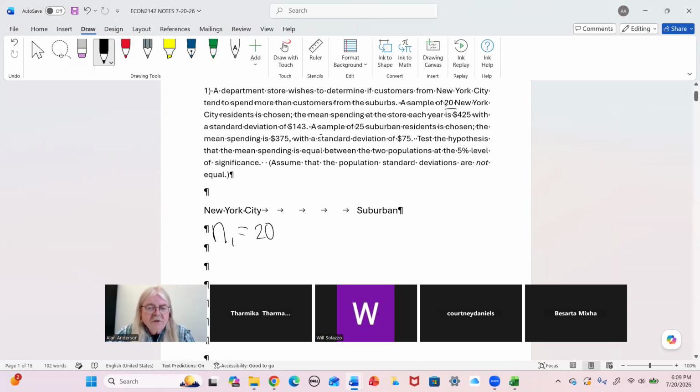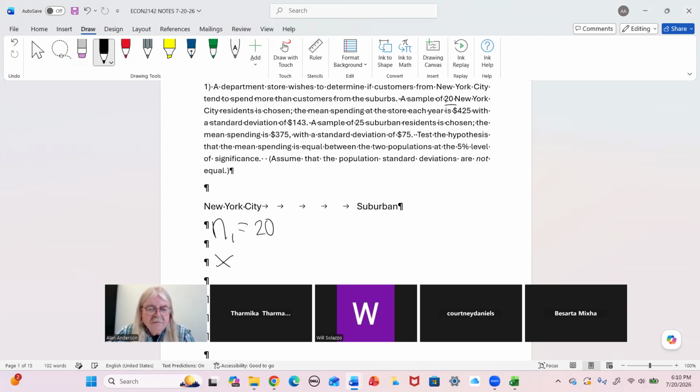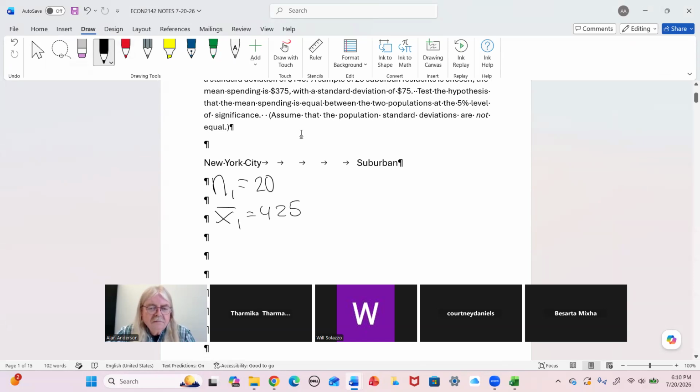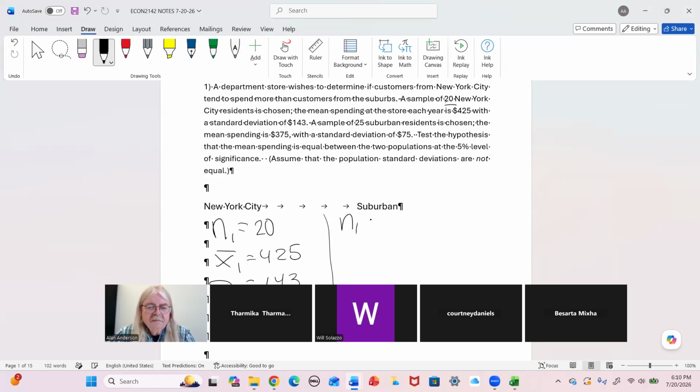The mean spending is 425. And the standard deviation is 143. In the suburbs, we chose a sample of 25. And you notice that they don't have to be equal to each other. X2 bar, this mean in the suburbs, is 375. And the standard deviation is 75.